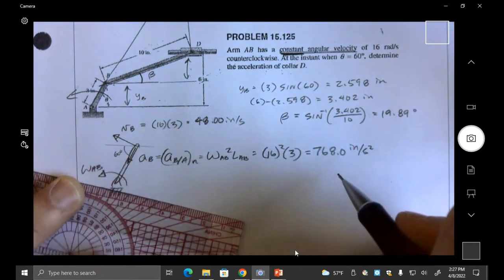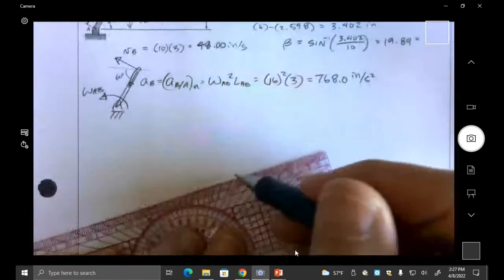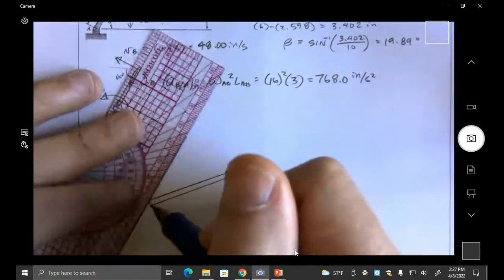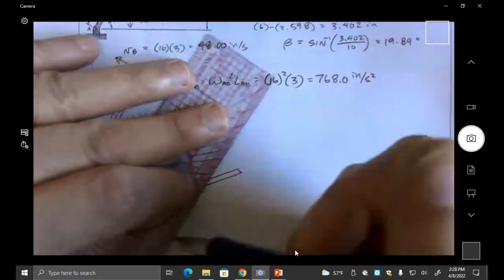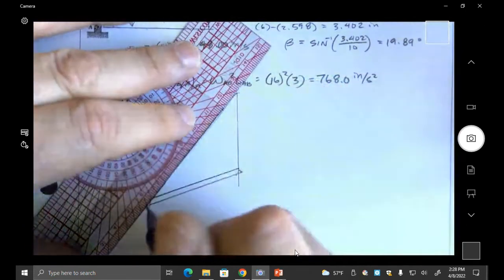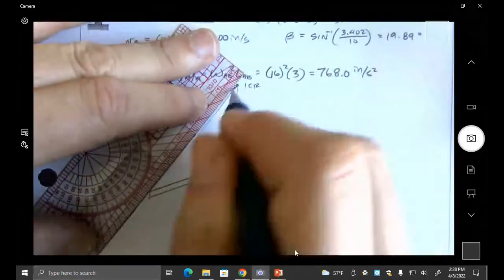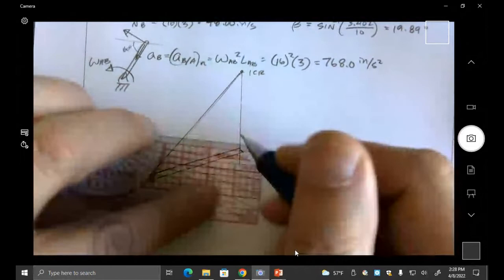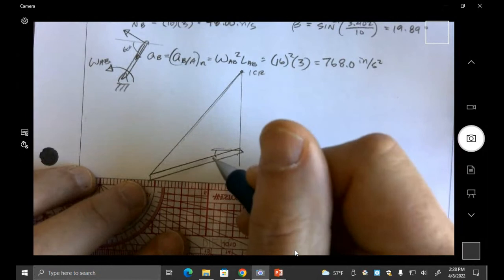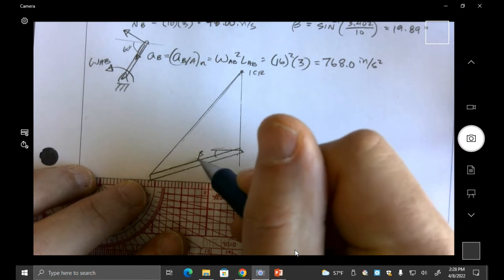Anything else I need? Oh yeah, I was doing the ICR. That's why I was doing this. I'll draw that down below. So we had, it's going to be up to there. I'll exaggerate. And so this angle right in there is going to be our beta.